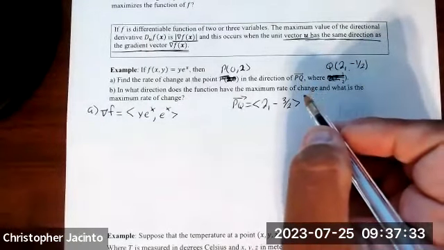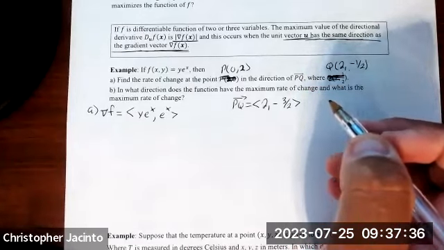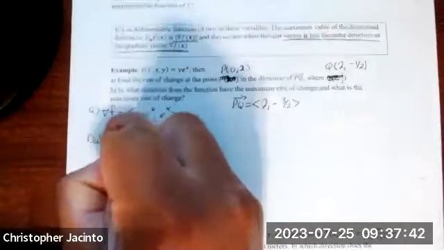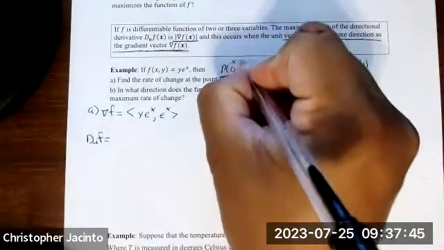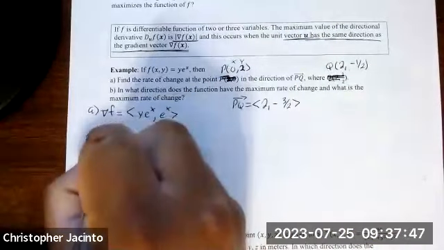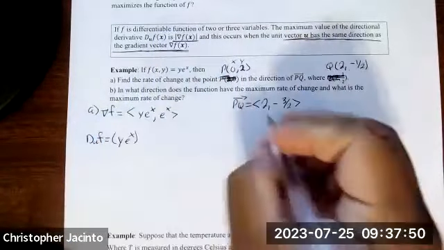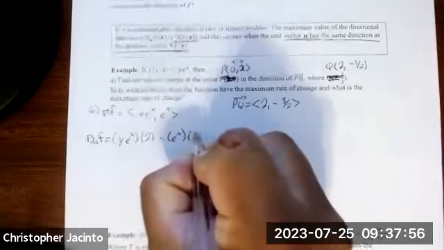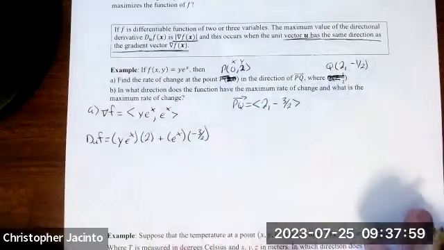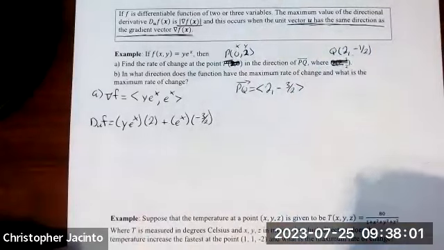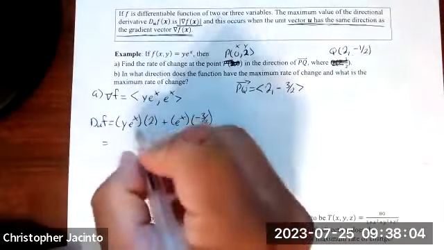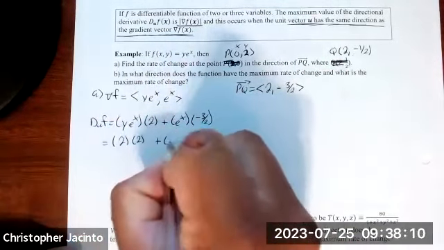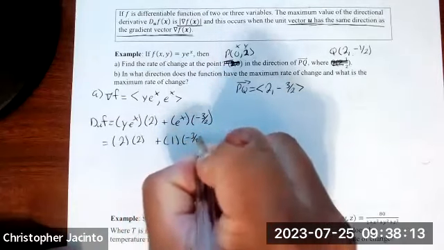Now we can plug it in. So our directional derivative is going to be, our point is x and y, so I'll just do the general one for now, and then just plug in 0 and 2 for x and y. So e to the 0 is always 1. So this is just going to be 2, 2, and then 1 times negative 2/5.